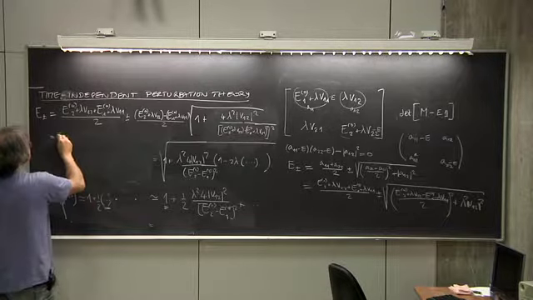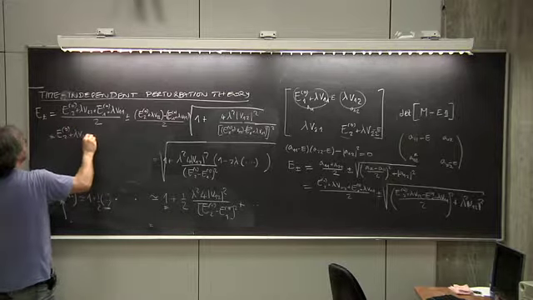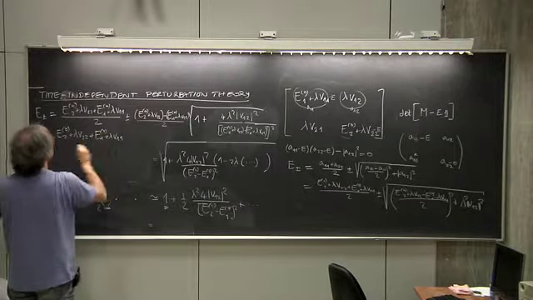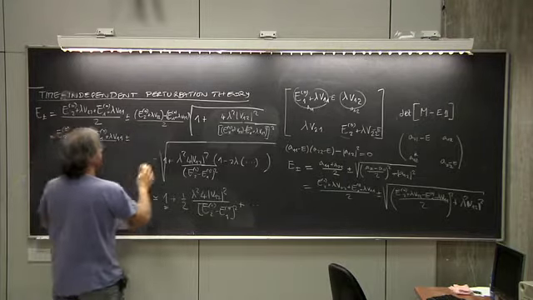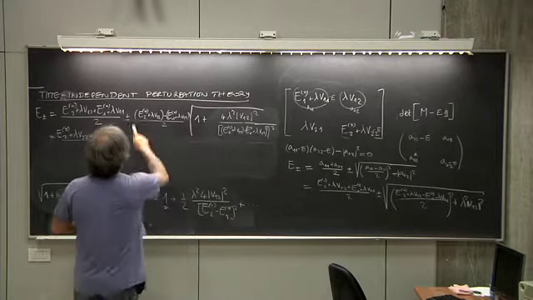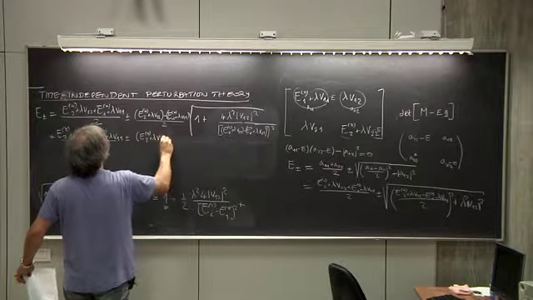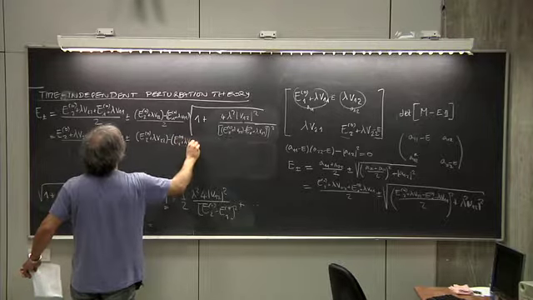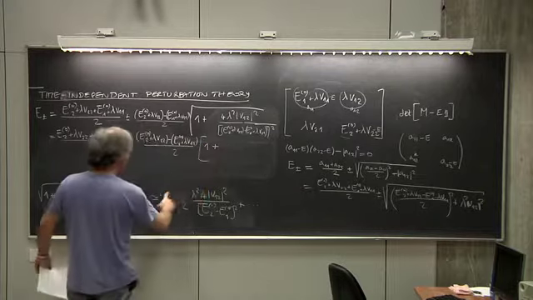Let us just write everything, okay? So this is over 2 plus or minus the same thing here. So E02 plus lambda V22 minus E01 plus lambda V11 divided by 2, which multiplies 1 plus this thing.